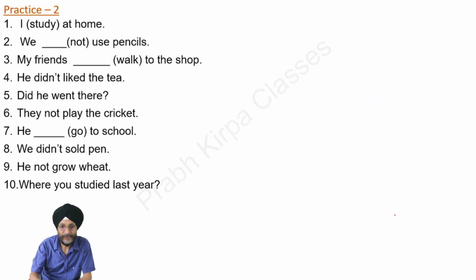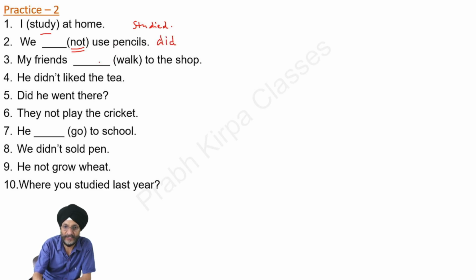Next, practice 2. I study. We have to use the second form of the verb. I studied at home. Here you will see that not is there in the second sentence. So as already told, we have to use did. We did not use pencils.